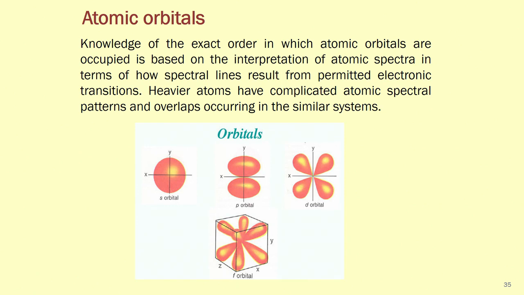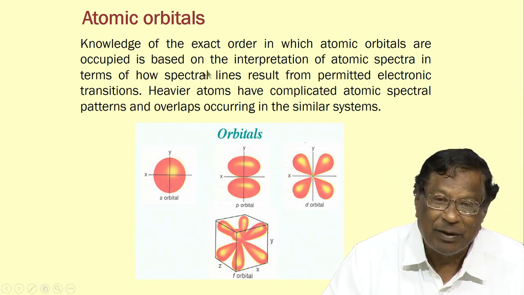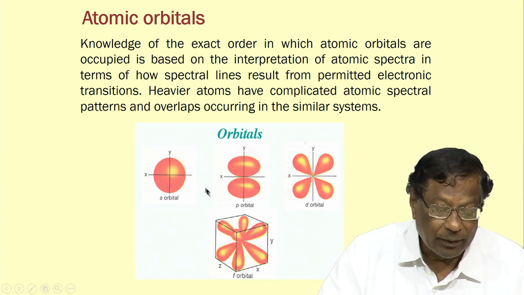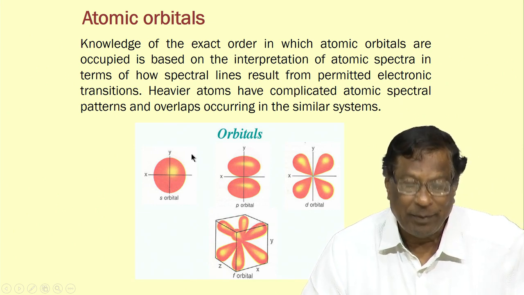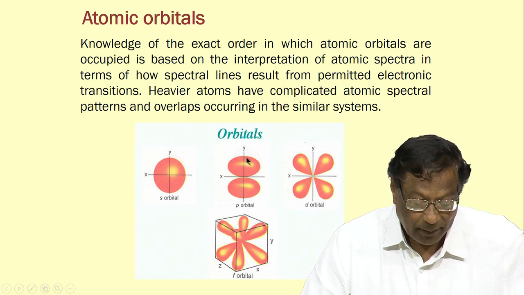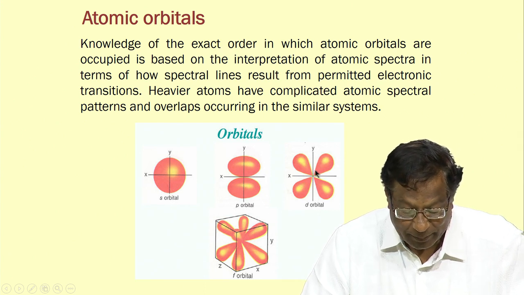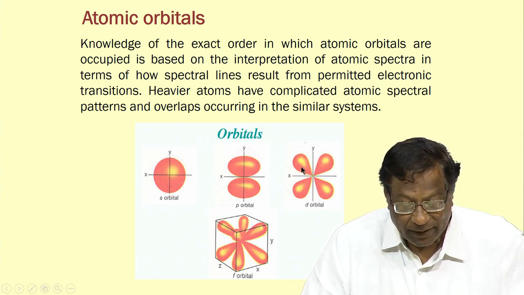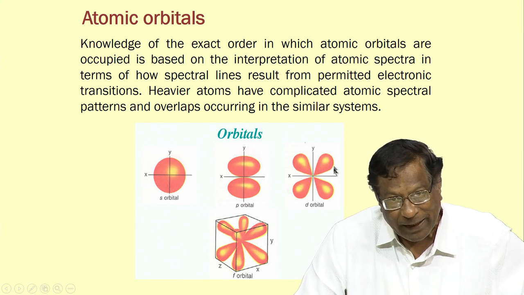Heavier atoms obviously will have complicated atomic spectral patterns, and overlapping occurs in similar systems. Now, coming back to the orbital structure, the s orbital is spherical in nature, the p orbital is dumbbell shaped, and the d orbital is actually planar.